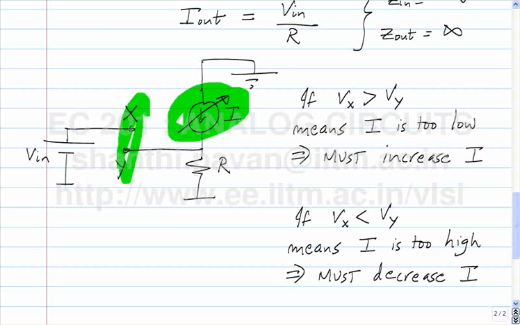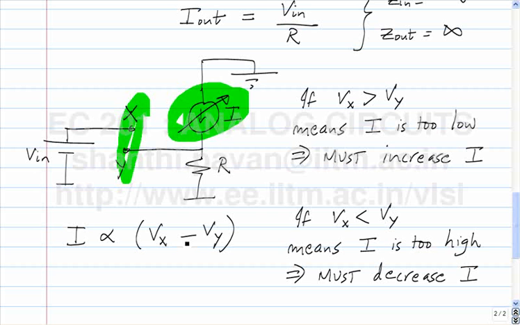In other words, I must be dependent on Vx minus Vy. Should it be dependent on plus Vx minus Vy or minus Vx minus Vy? Plus. If Vy is too small, then I must increase I. So this is indeed correct.